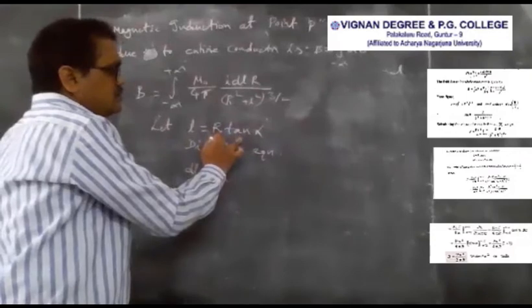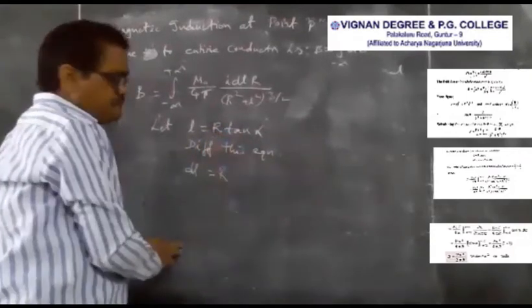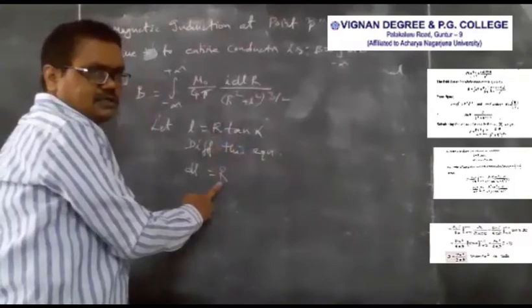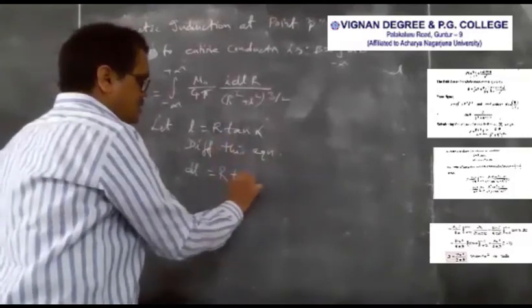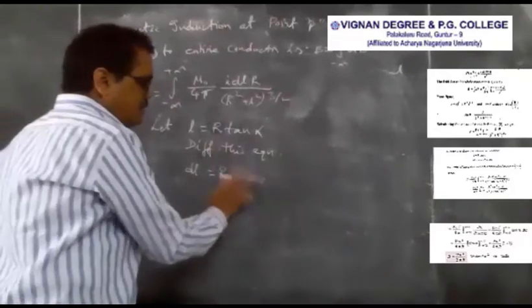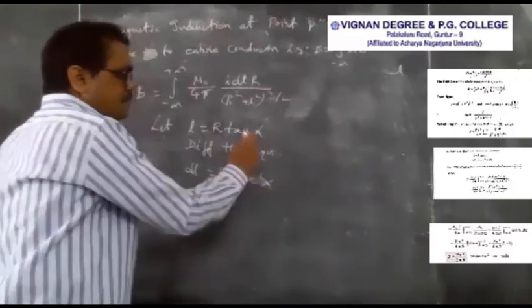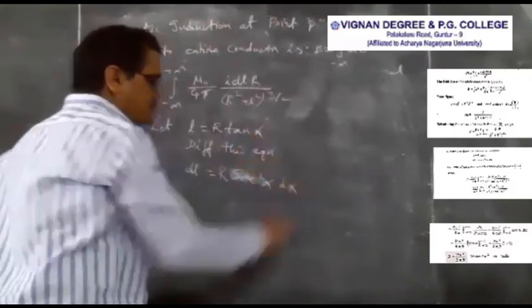Actually here we have to use the UV formula. Since R is constant, tan alpha differentiation is secant square alpha, and differentiation of alpha is d alpha.